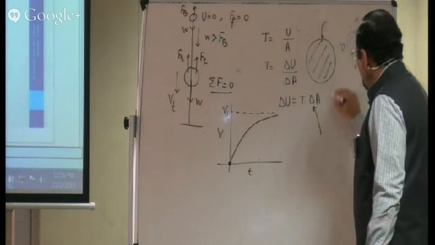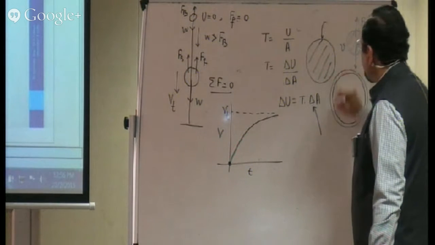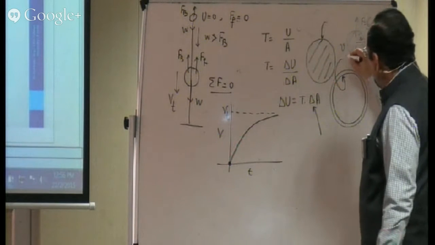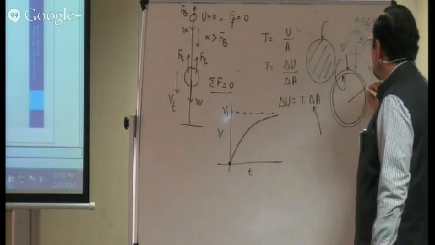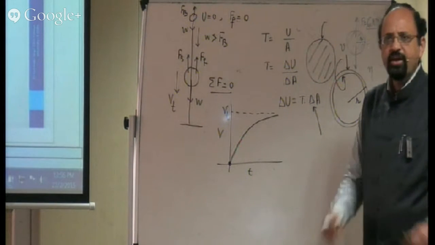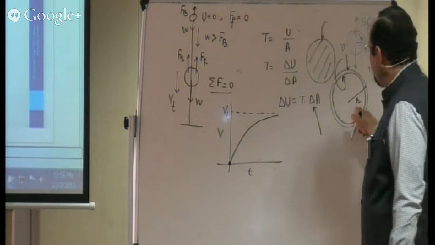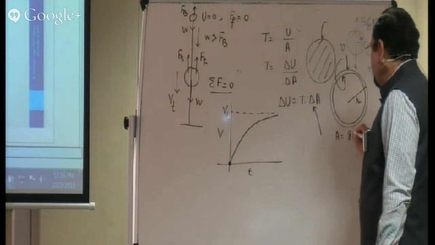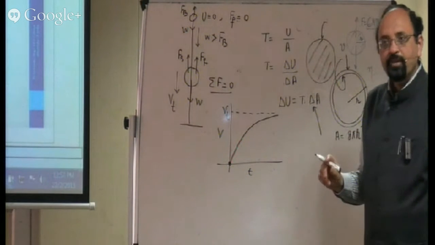But if it is a bubble where the thickness is not very large, I have one surface from the inner side and another surface from the outer side. If I assume the radius for inner and outer are very close to each other, and the average radius is r, then the surface area is 8 pi r square, whereas in the drop case I have to take only 4 pi r square.